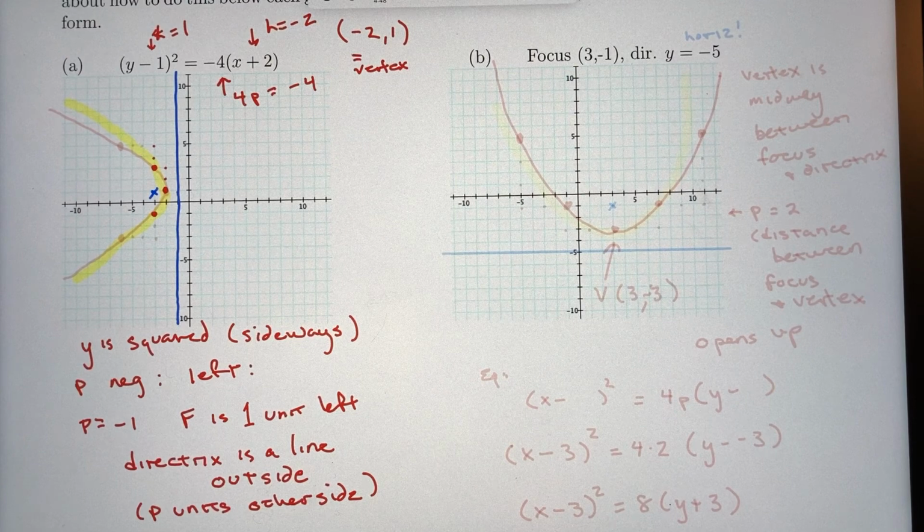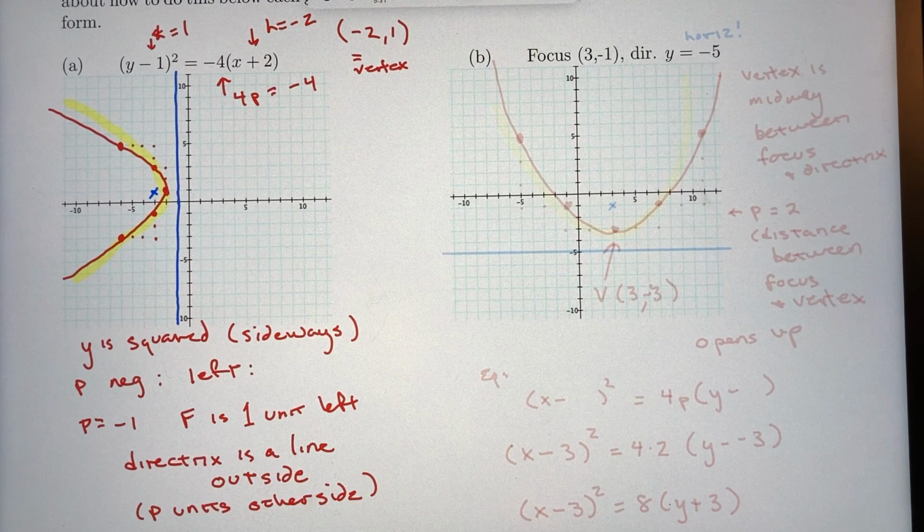So if p is 2, you have to go 4 more. 2p up in this case because it's opening sideways, and then 3 more p over, and that gives you another point. 2 more P up, down, and 3 more P over, and then we will draw a more careful version of the parabola. It's hard to do with this pen. Okay, good enough.